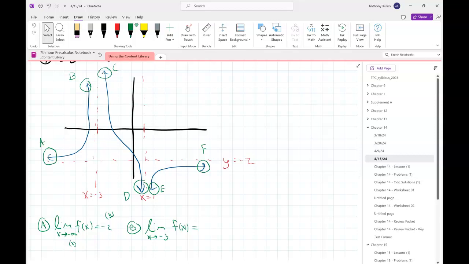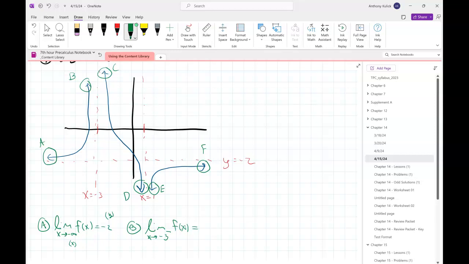The arrow that I've circled and labeled as B is on the left side. To indicate that I'm talking about the arrow on the left side of -3, I'm going to put a minus sign in the superscript of -3, meaning that it's on the negative side of -3, where the smaller numbers live.